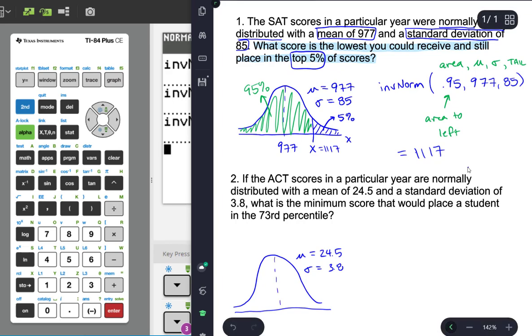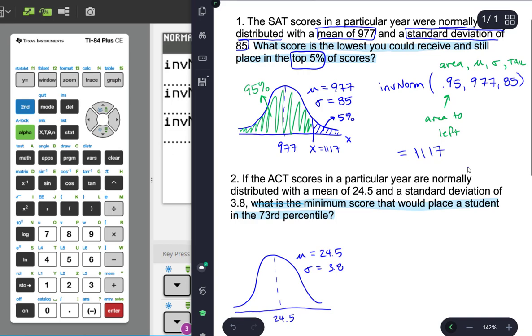If this mean is in the center of the distribution, then this 73rd percentile, that's the question. So what is the minimum score that would place a student in the 73rd percentile?